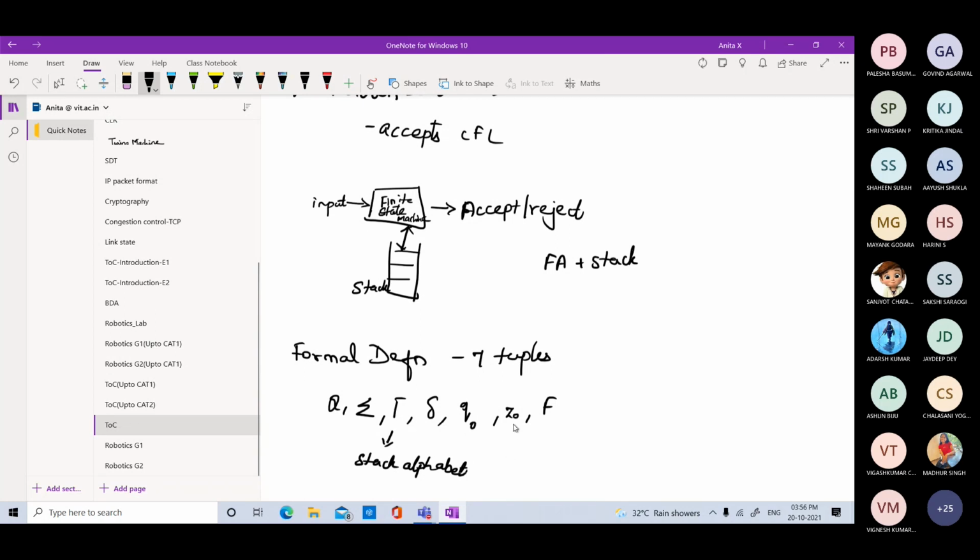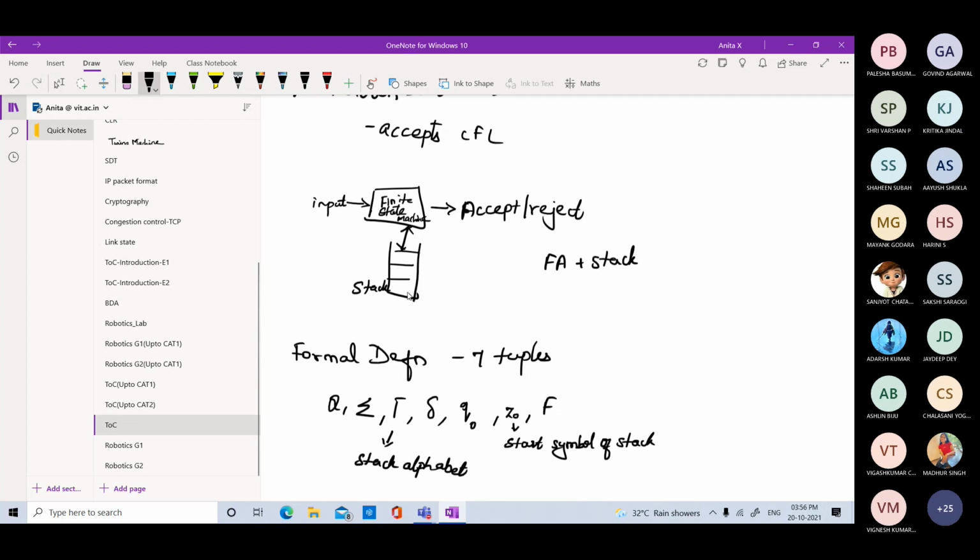Z naught represents the start symbol of the stack. The bottom of the stack we have to designate.